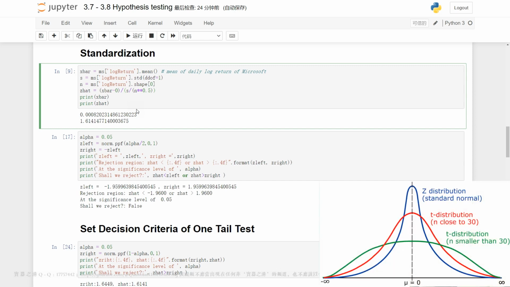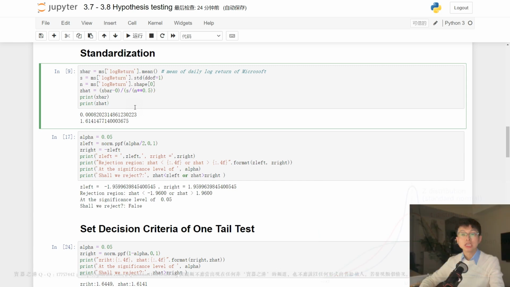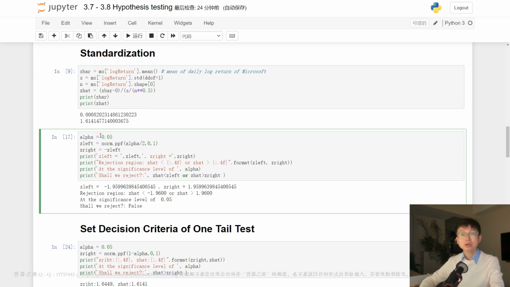Thus, with a large sample, we can consider t to be equivalent to the z-distribution. With a large sample, t hat follows the z-distribution. Hence, we denote this statistic using z hat as well to emphasize that it follows the z-distribution.